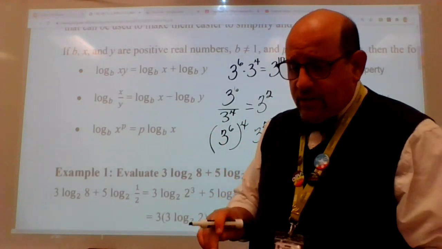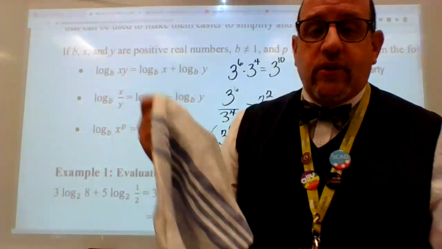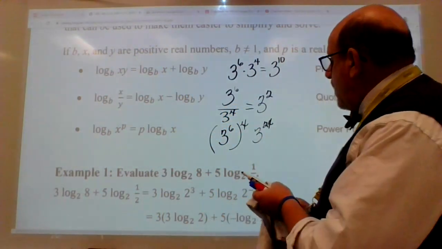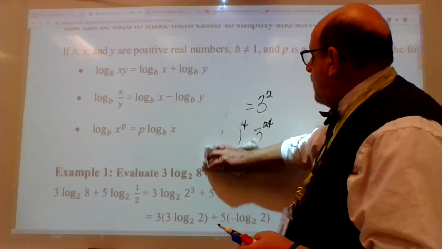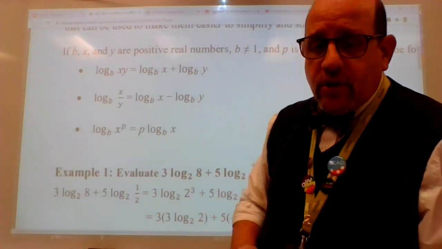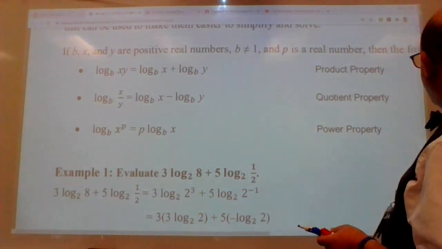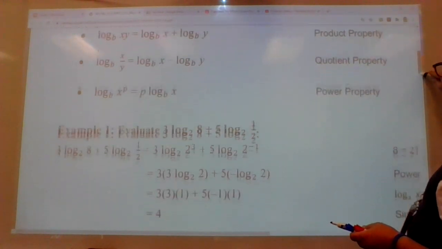Now, since it looks different, it might feel a little bit different, but we'll go ahead and use that power to our advantage in solving some of these things. And I'm going to show you how these powers come into play when we're trying to evaluate a certain set of logarithms.